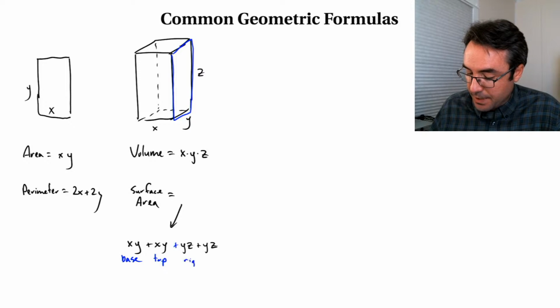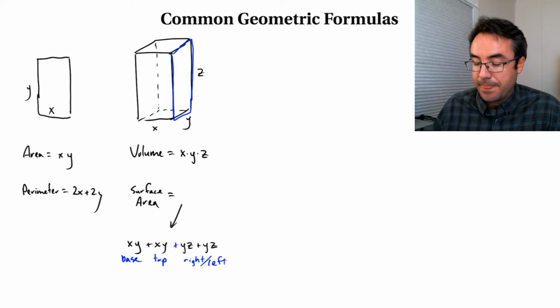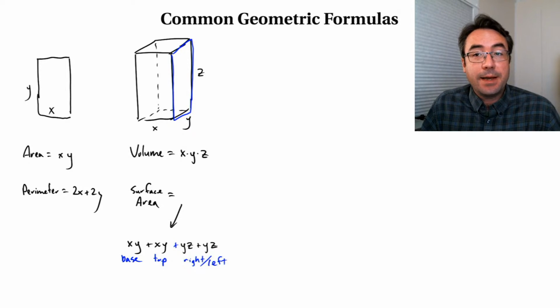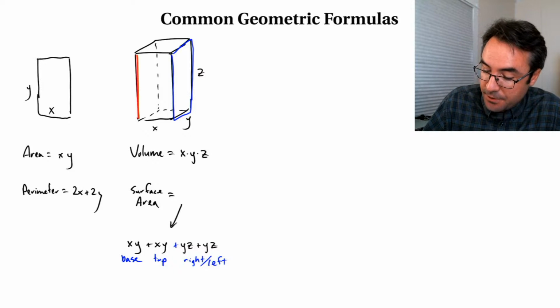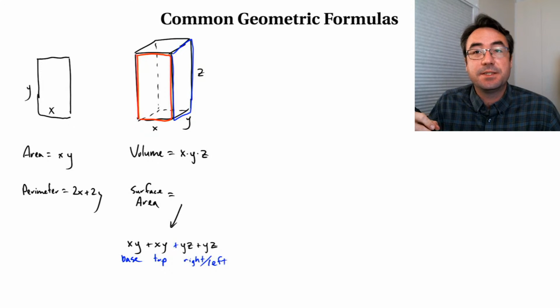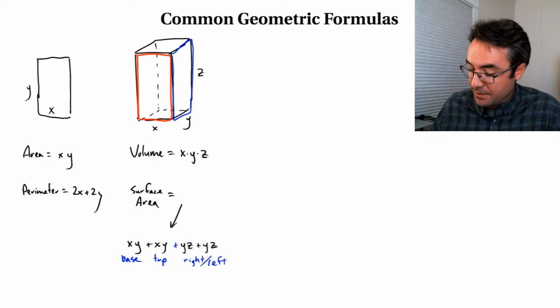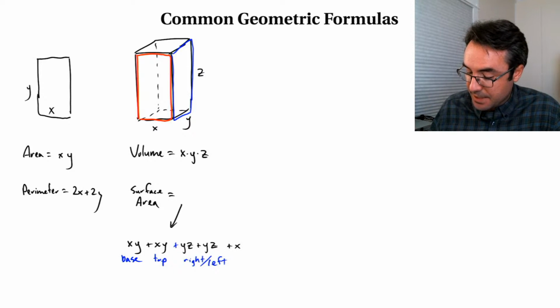So this is for the right and the left. And then for the front and the back, the front side is another rectangle, dimensions x and z. So the area of that rectangle is x times z, and then same for the back.